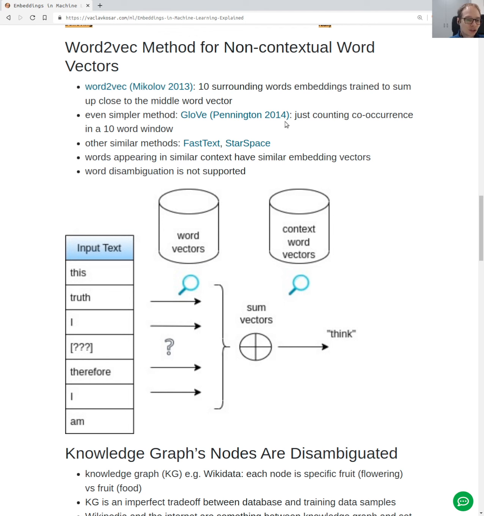So in 2014, there was this new approach where you just created all these windows. You just counted how often this word is within 10 words of this other word. You just counted the occurrences in this very large matrix. 10,000 by 10,000.